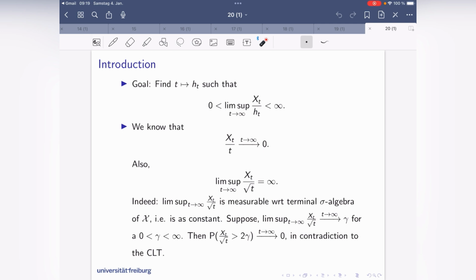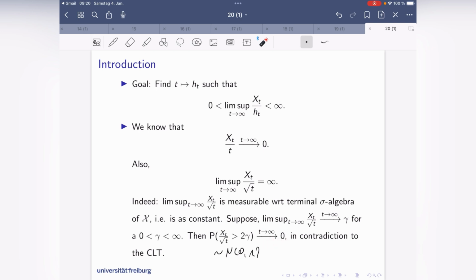But for big t, X_t divided by the square root of t has an N(0,1) distribution, and the probability that this is bigger than 2 gamma is something positive, so it can't converge to 0.